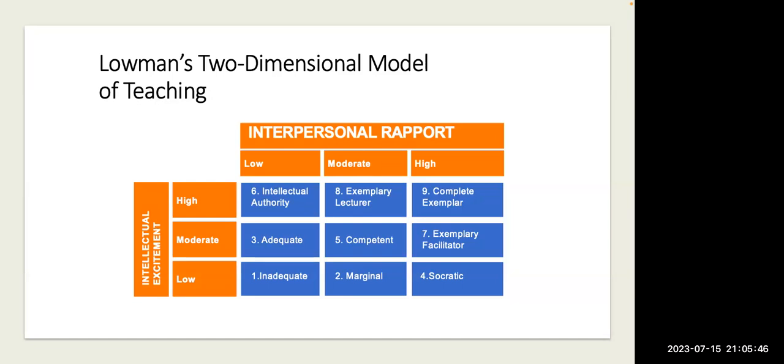In the exemplary facilitator, rapport is high, excitement is medium, but in the exemplary lecture, the excitement is high, the quality of presentation and the way you deliver your lecture is very high, but your interaction with the students is medium.